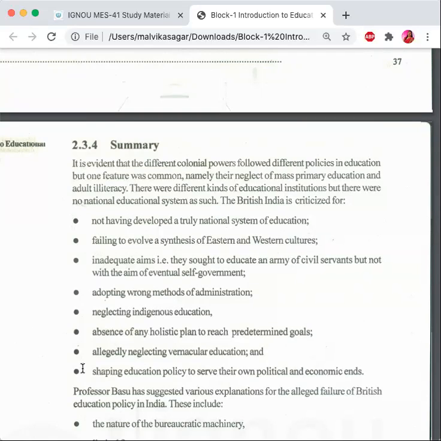British India is criticized for not having developed a truly national system of education, failing to evolve a synthesis of Eastern and Western cultures, inadequate aims, that is, they sought to educate an army of civil servants but not with the aim of eventual self-government, adopting wrong methods of administration, neglecting indigenous education, absence of any holistic plan to reach predetermined goals, allegedly neglecting vernacular education and shaping education policy to serve their own political and economic needs.